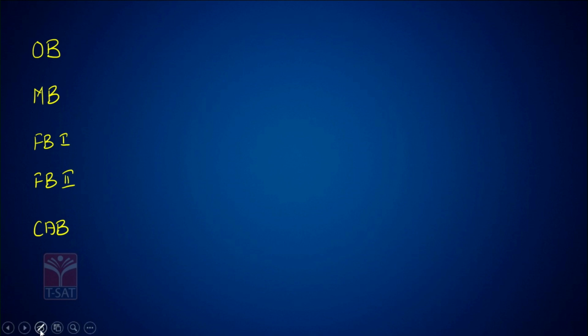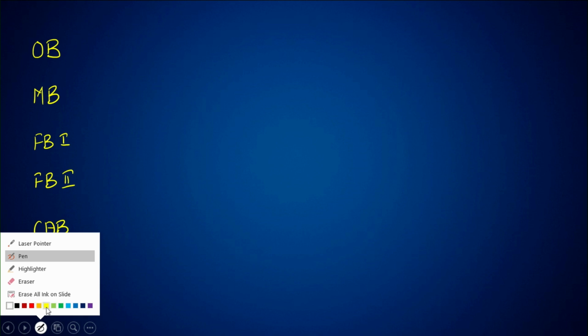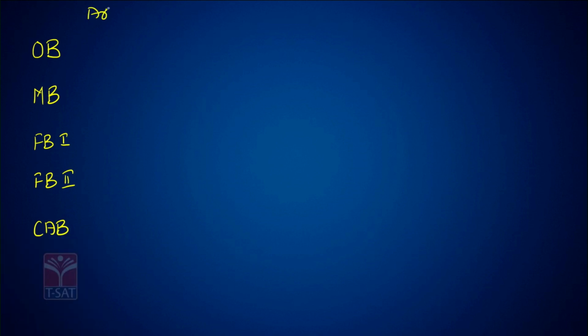Now, what we are going to discuss here: the first one is we will see articles, in which article, what is the definition of that bill?